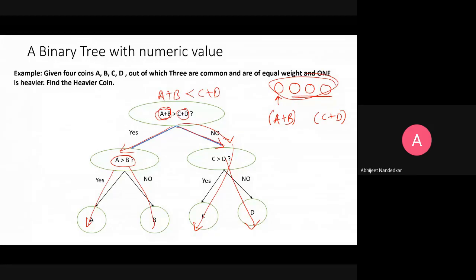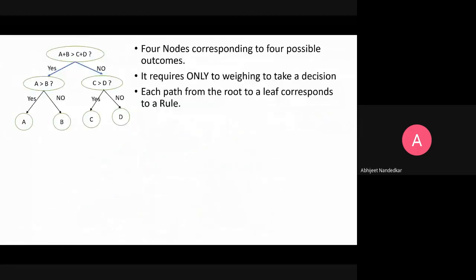So what we have done is we have 4 nodes corresponding to our possible outcomes. So there are 4 leaf nodes here. I should call them leaf nodes, 2 internal nodes, and 1 root node. So this is root node, this is internal node, and these are leaf nodes.